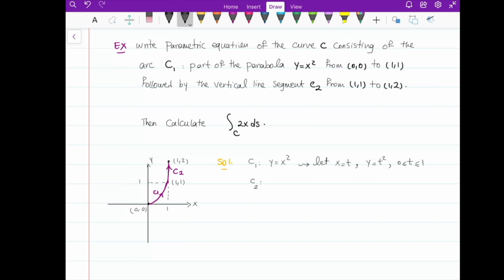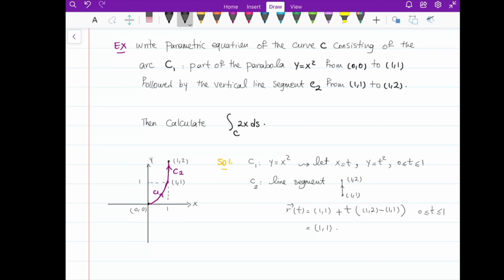How about C2? C2 is the line segment from 1, 1 to the point 1, 2. For the equation of the line segment, I can parameterize it like that: the first point plus t times the second point minus the first point, where t is between 0 and 1. Let me simplify that.